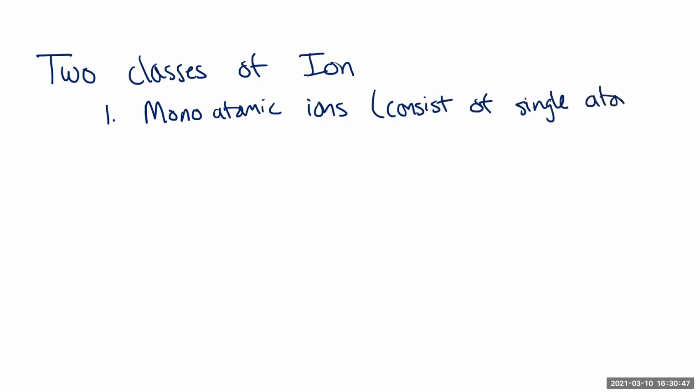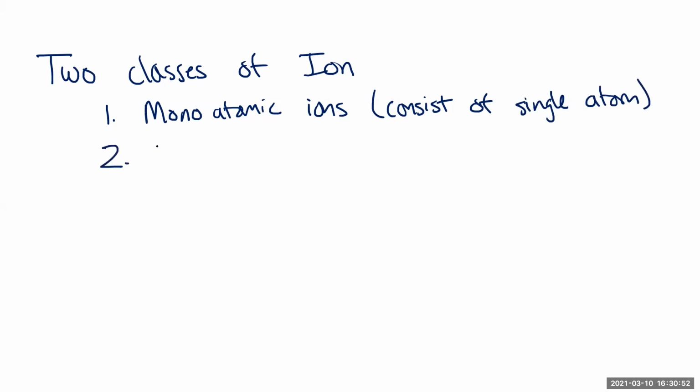Okay. In general, there are two very general classes of ion. There are monoatomic ions, meaning they consist of a single nucleus because they come from a single atom.